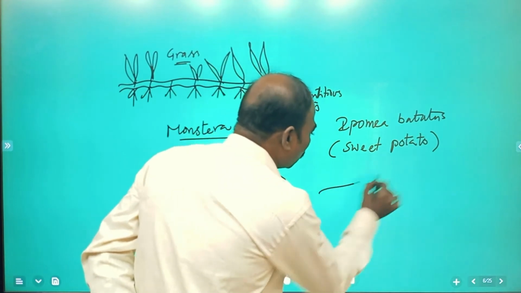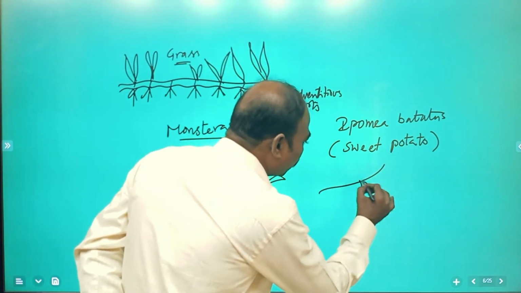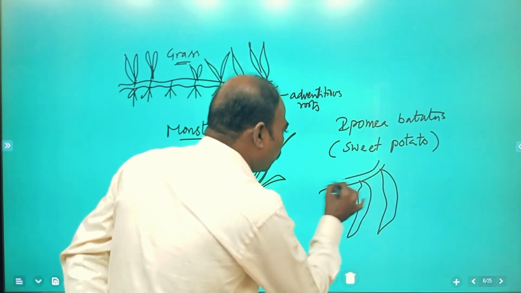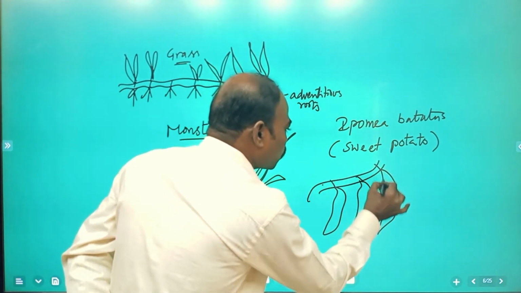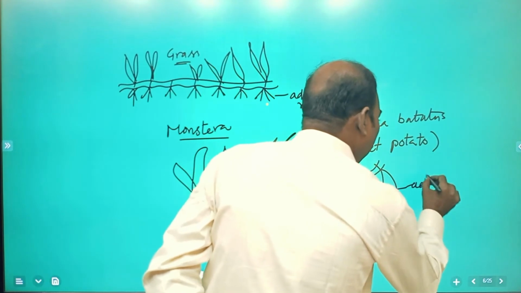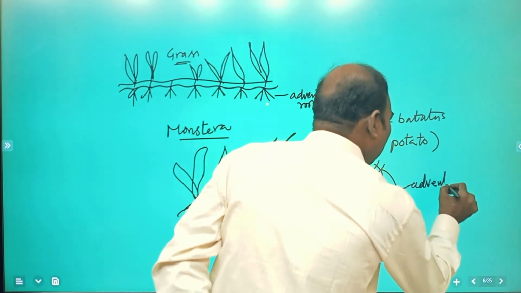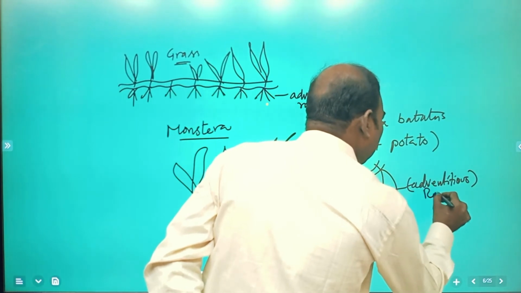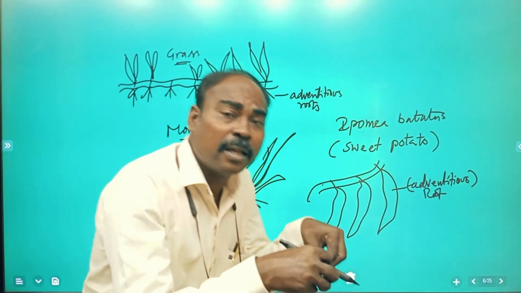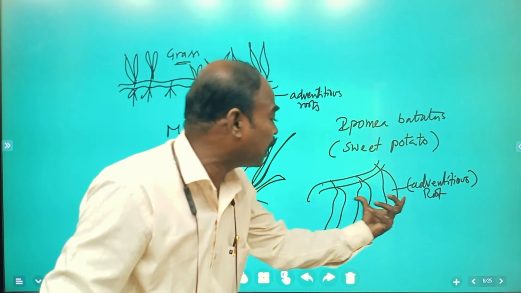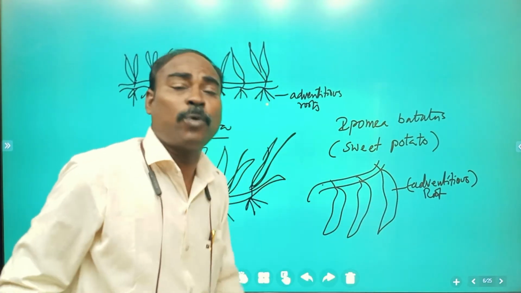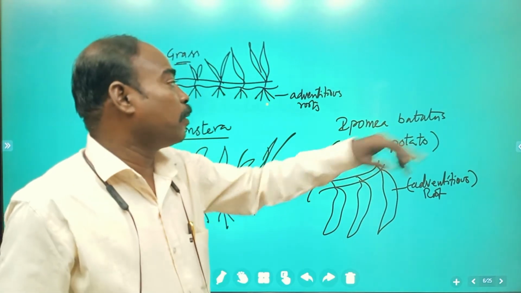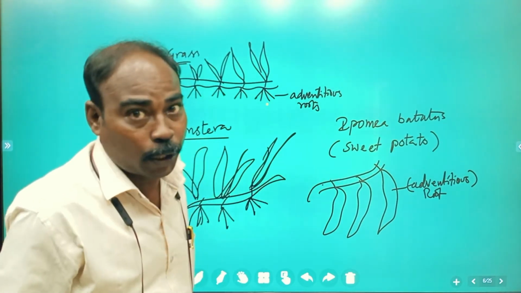The adventitious roots of the sweet potato store the food material, which developed at nodes and become bulged and swollen. The food material is stored in adventitious roots in the sweet potato plant. That is the edible portion in such plants. Example, Ipomea batatas, sweet potato.